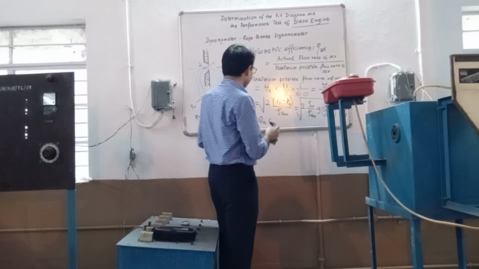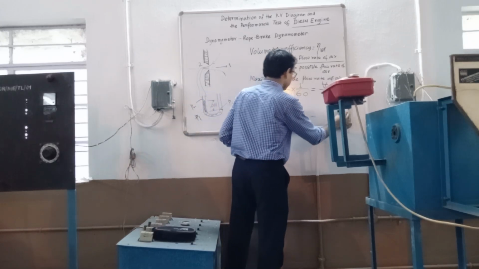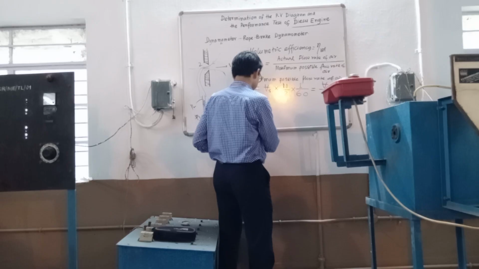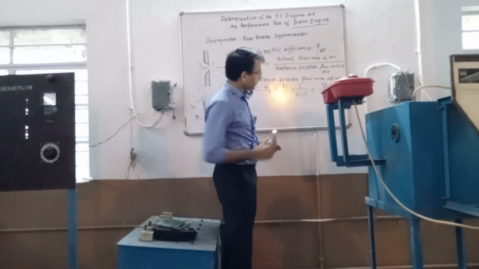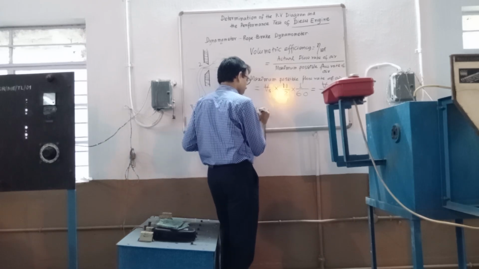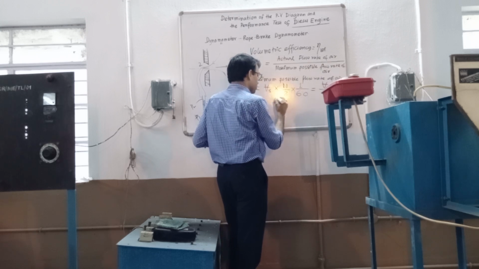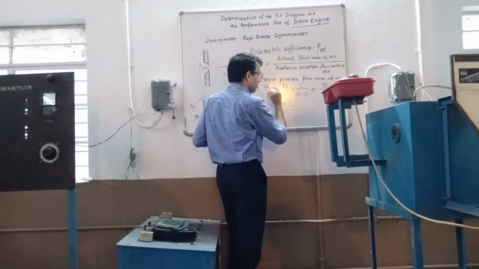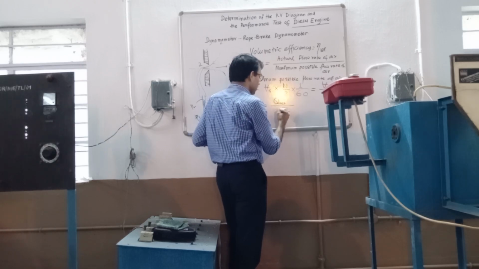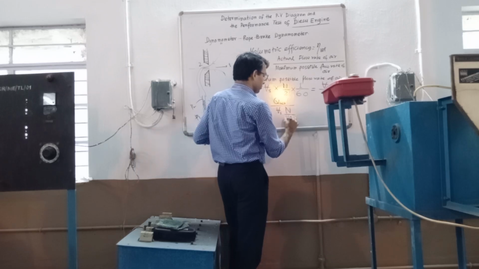Okay. So what is the volumetric efficiency? Therefore volumetric efficiency, eta volume, is equal to actual, that is Q actual, divided by theoretical, that is maximum, which is Vs into N by 120.